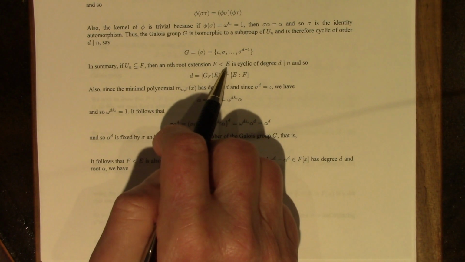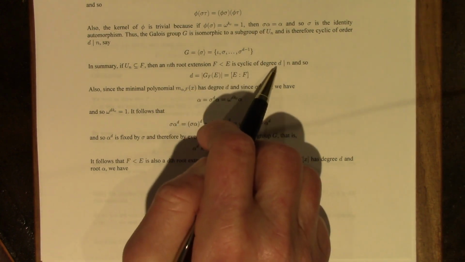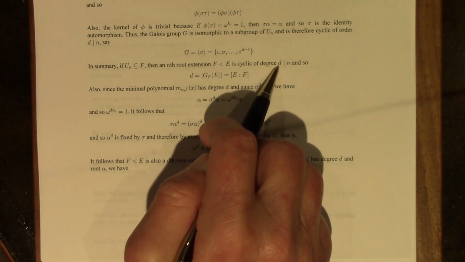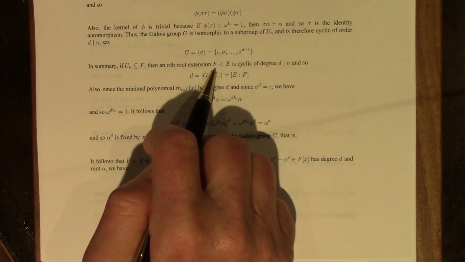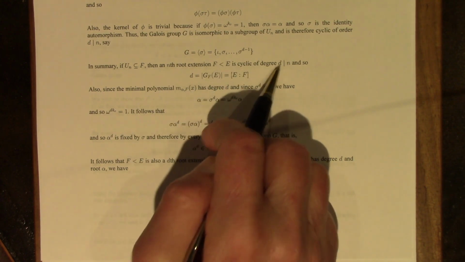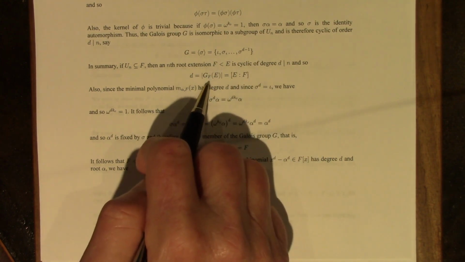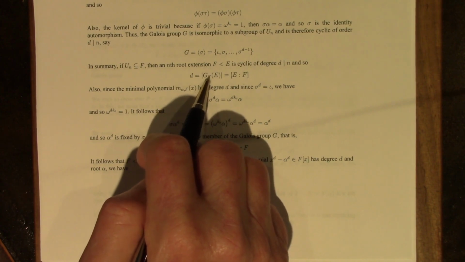If the extension has degree D, then the Galois group has order D, because we have a Galois extension.